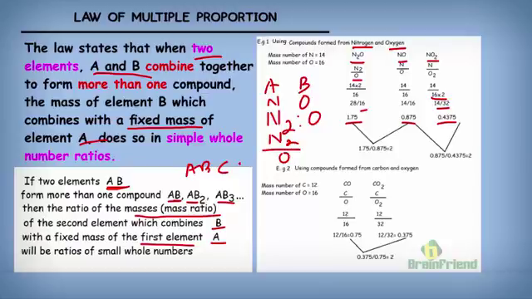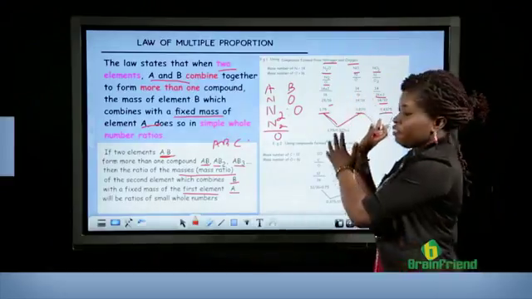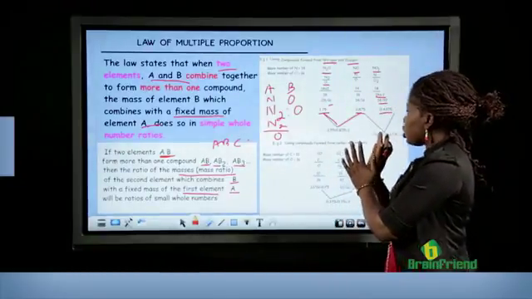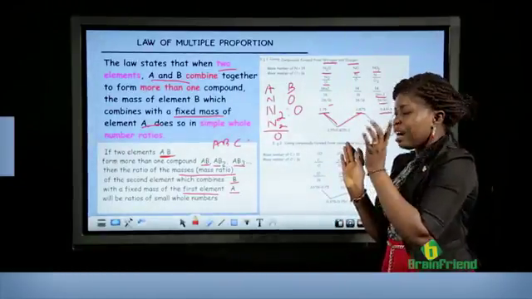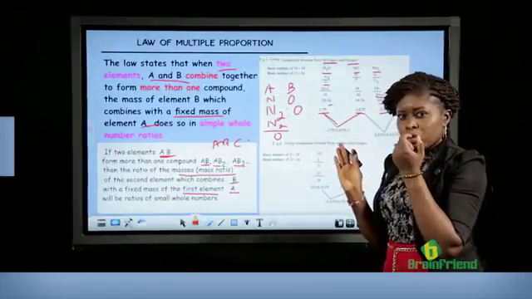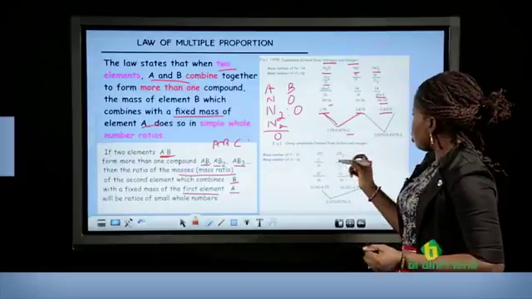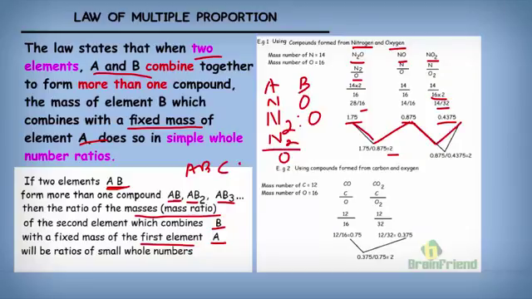Now, you can see these arrows pointing down together. If you pick the first two compounds, okay, and divide by the smallest number, you're going to have a simple number, which is 2. If you also pick the next two compounds and divide by the smallest number, you're going to have 2 as your answer.